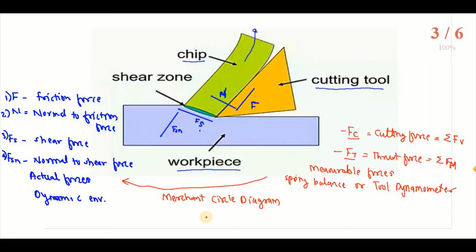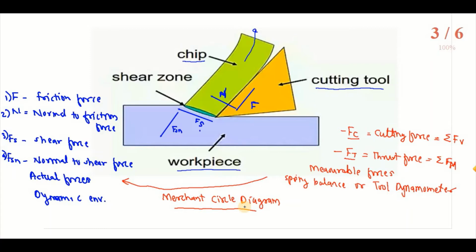So this Ft and Fc are the resolved components of the actual forces. These are not the actual forces but measurable forces, and based on these measurable forces we can find out the actual force values by using this Merchant circle diagram.